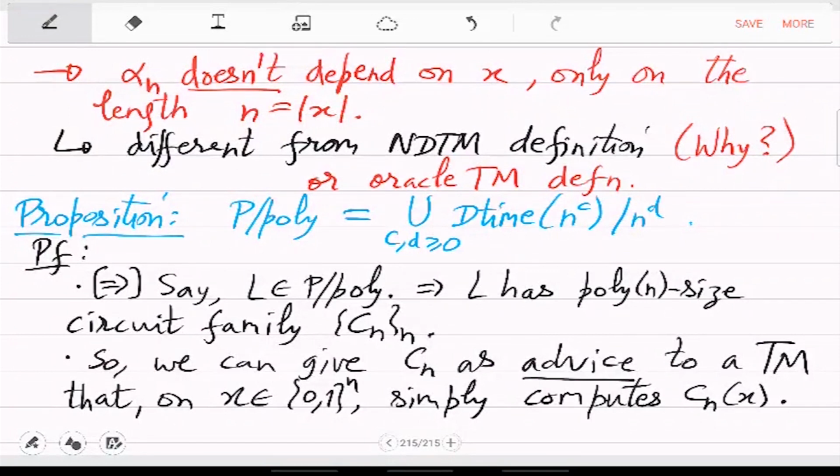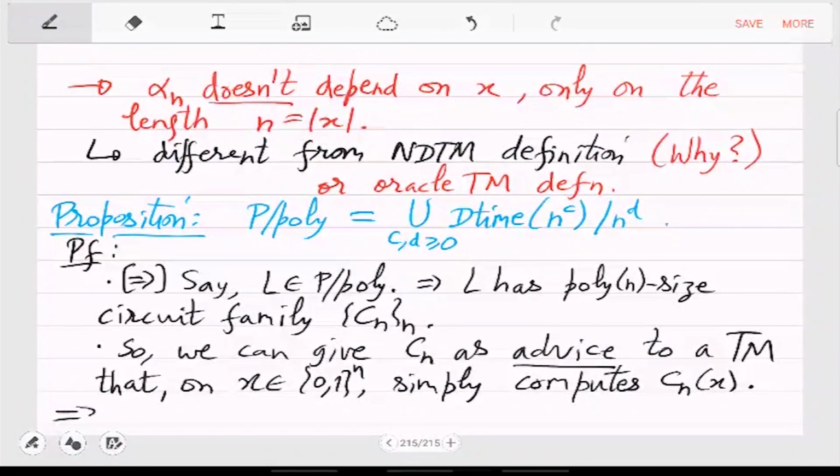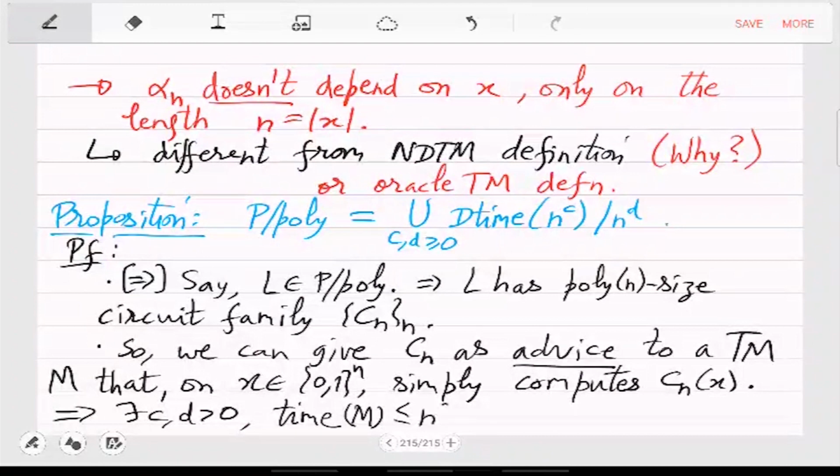Okay, so since C_n was of poly size, this means that we can give it as advice to a Turing machine M. So the time of M is such that there exist c, d where the time of M is at most n^c, and the circuit size is n^d.